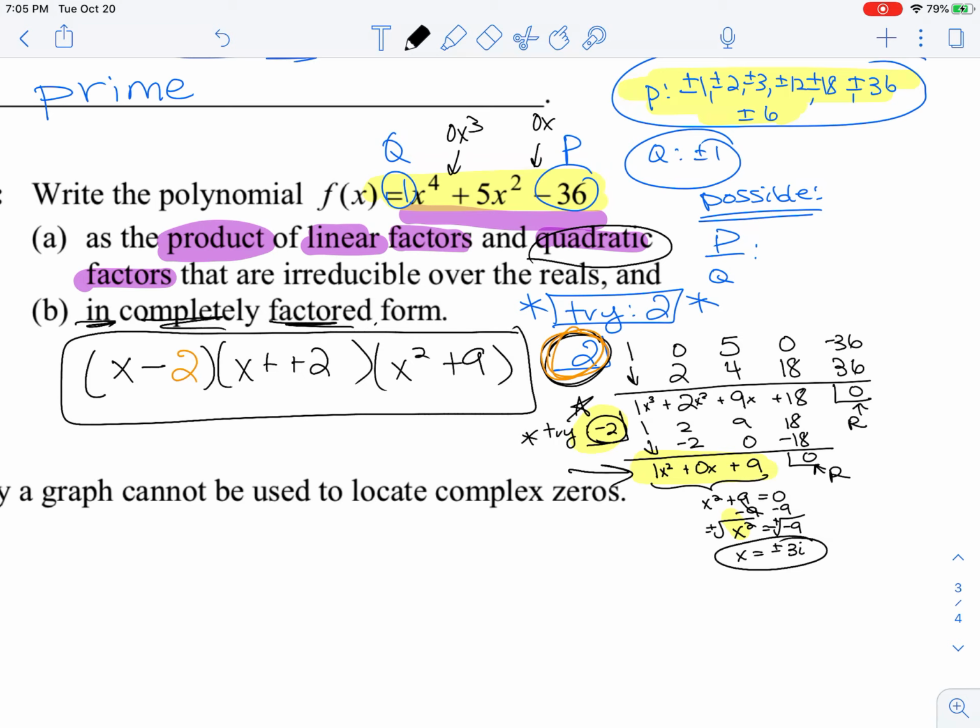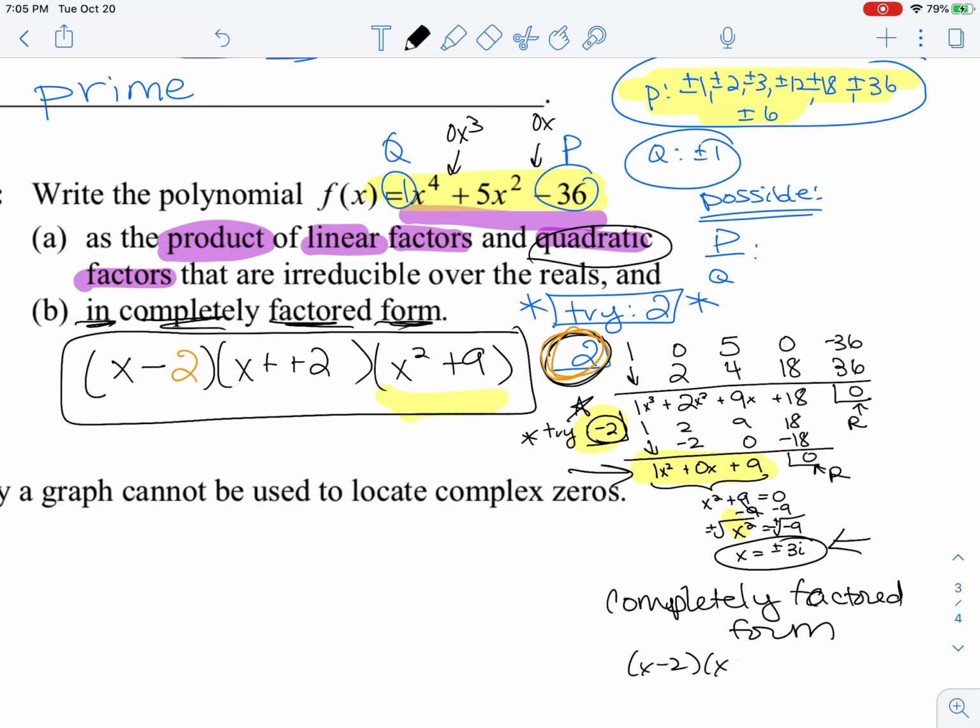Now, in completely factored form, we would have the same factors, but instead of this x squared plus 9, we're going to put that in using our roots.